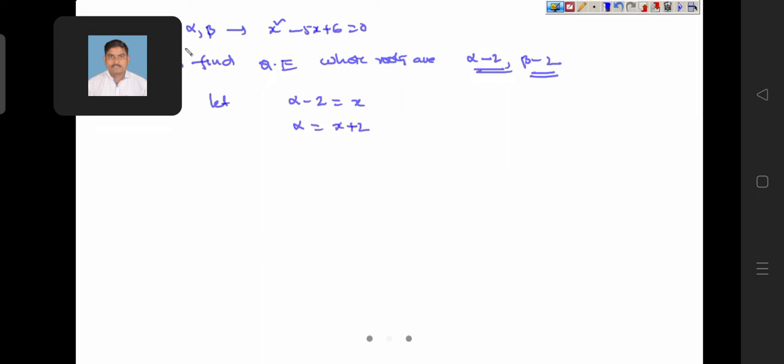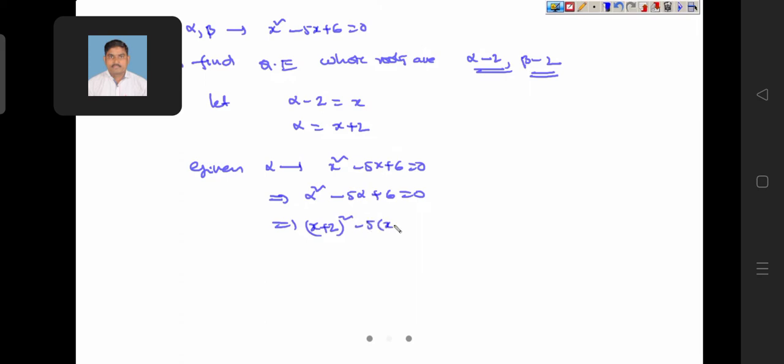So what is given? Alpha is the root of x square minus 5x plus 6 is equal to 0. Alpha is the root means alpha will satisfy this quadratic equation. That implies alpha square minus 5 alpha plus 6 is equal to 0. But what is alpha value? x plus 2. That implies (x plus 2) whole square minus 5 into (x plus 2) plus 6 is equal to 0.